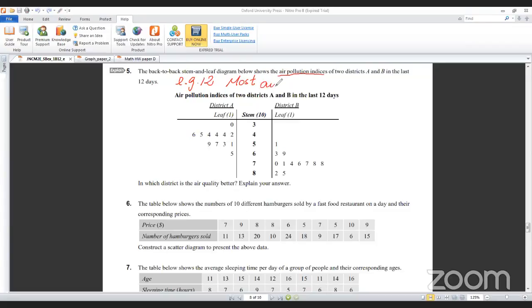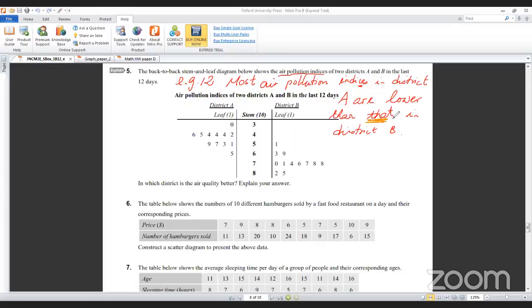Then: most air pollution index in district A are lower than that in district B.